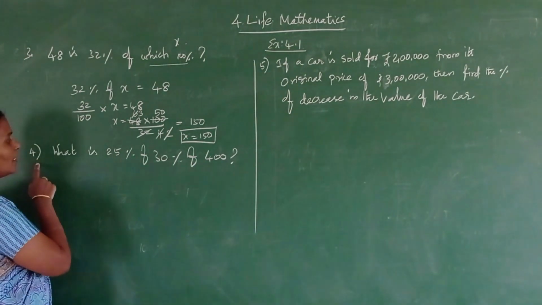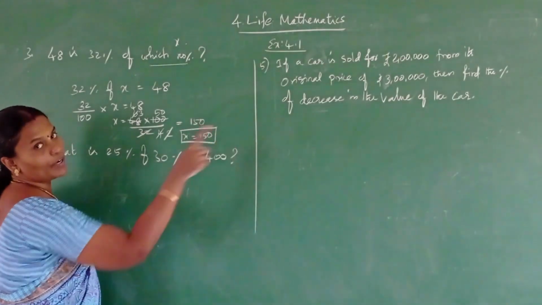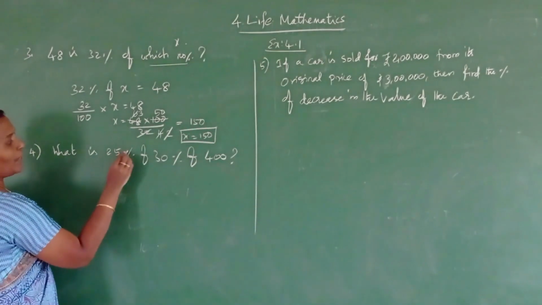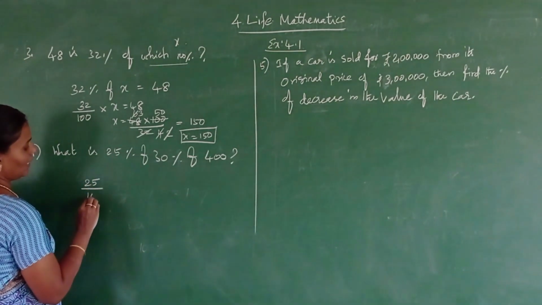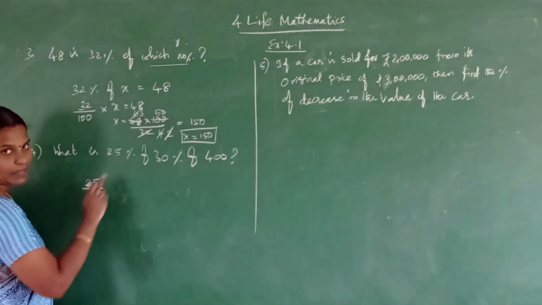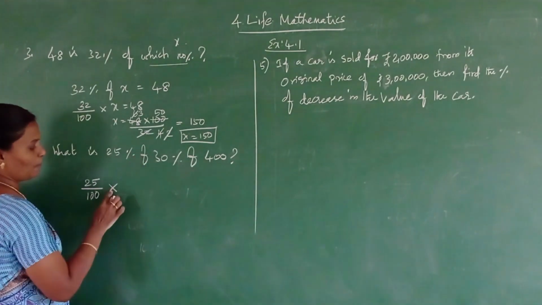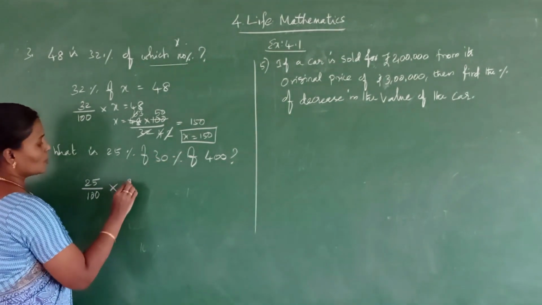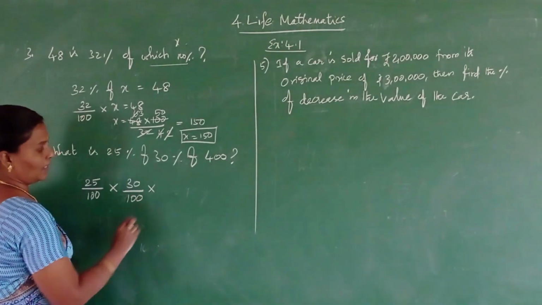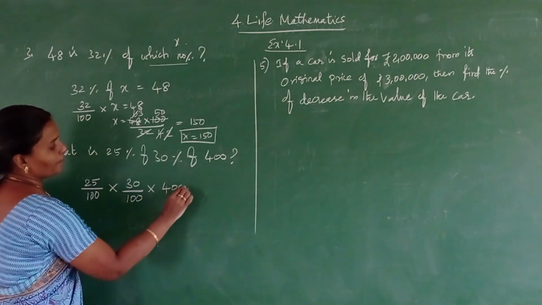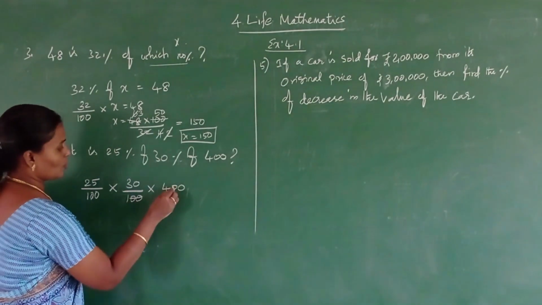Now we see the fourth question. What is 25% of 30% of 400? Okay, so 25%, how do you write? 25 by 100. Am I correct, children? 25% means 25 by 100, multiplied by, again here 30%. So 30 by 100 of means multiply 400. Okay, good. Now see, cancel here 2 zeros.